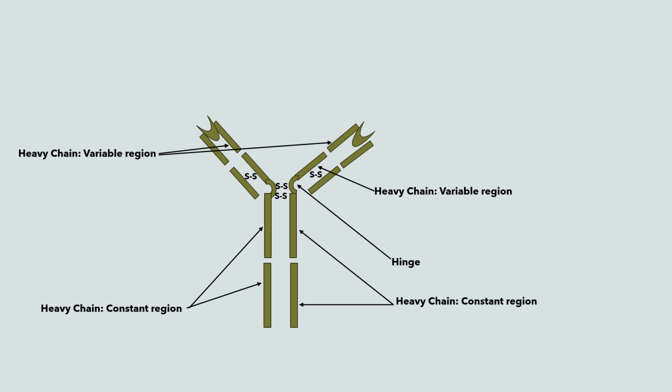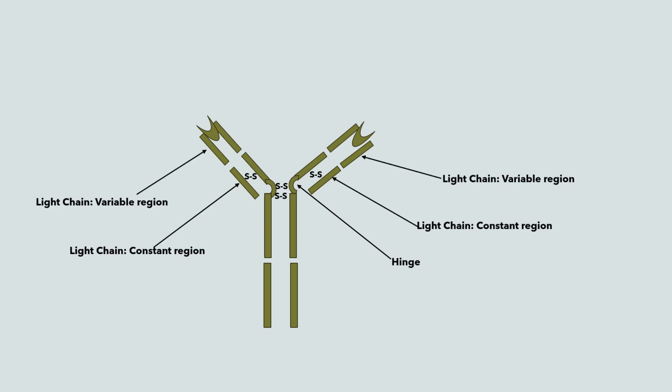This is the heavy chain, which I've identified here because I think it can be quite complex. And then, in the next slide, this is the light chain, showing the variable regions on the light chain and the constant regions on the light chain, and the hinge and the disulfide links.